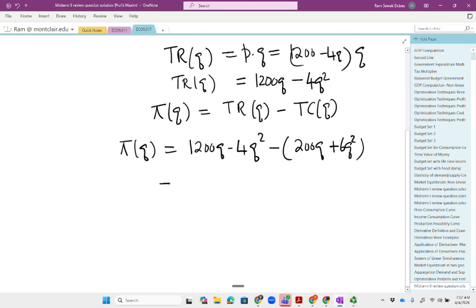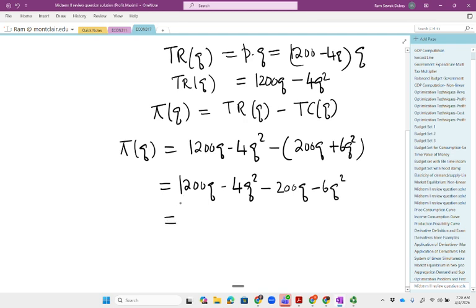We can simplify. So I have 1200Q minus 4Q square minus, since we have a minus in front of the parenthesis, it will change the sign of each term inside the parenthesis. So this becomes minus 200Q, and then I have plus 6Q square, it becomes minus 6Q square.